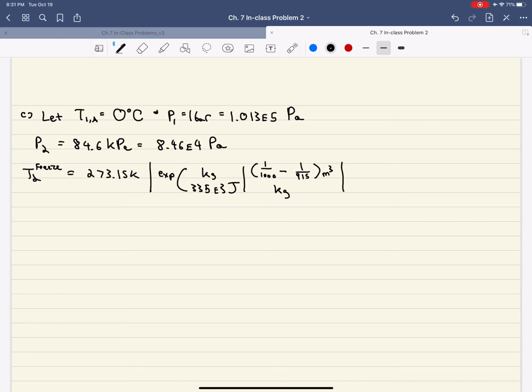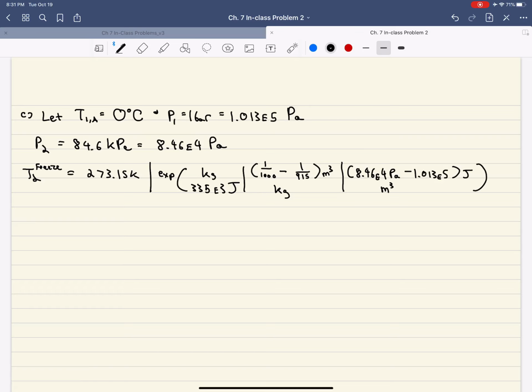And then we have our delta P, 8.46 e to the 4th Pascal minus 1.013 e to the 5th. And a Pascal is the same thing as a joule per meter cubed.